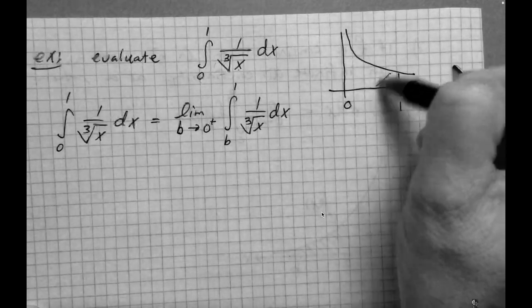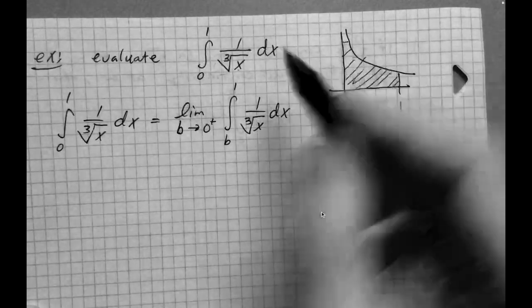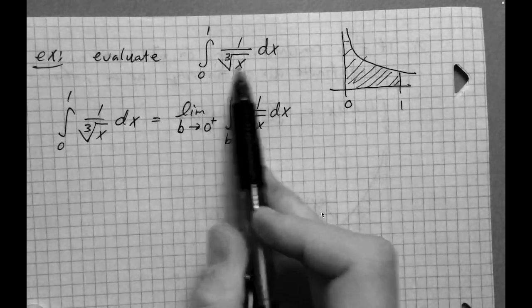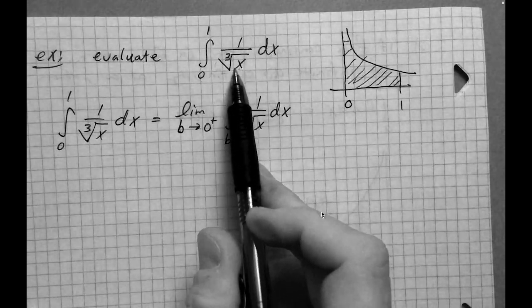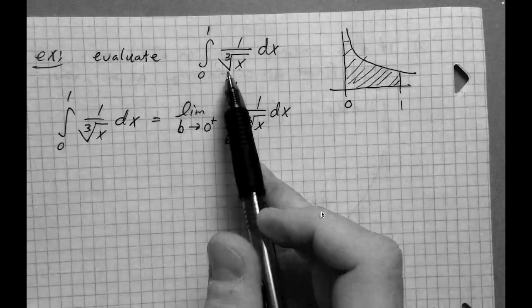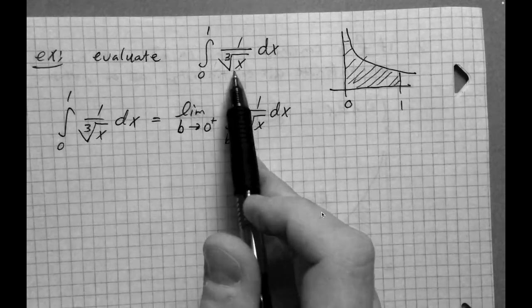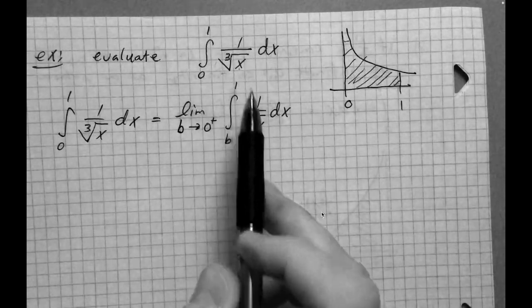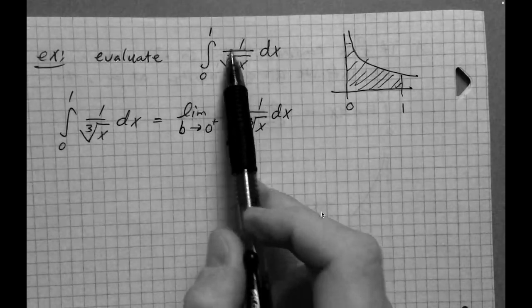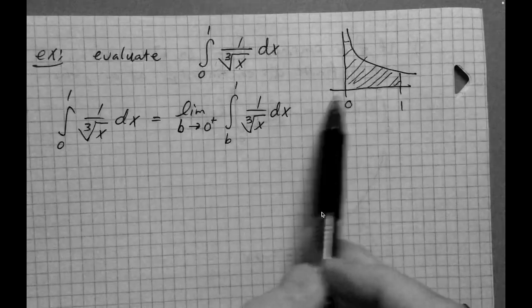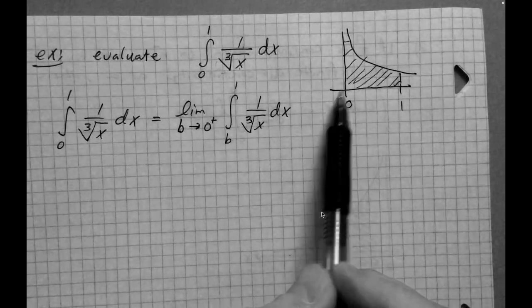But you can see that as we get close to 0, this denominator is going to grow, right? When x is 200 billion or something, the cubed root of 200 billion, 1 divided by that number is a very large number, right? And so the value of this integrand is growing without bound as we get closer and closer to 0. So we have to deal with that, right?